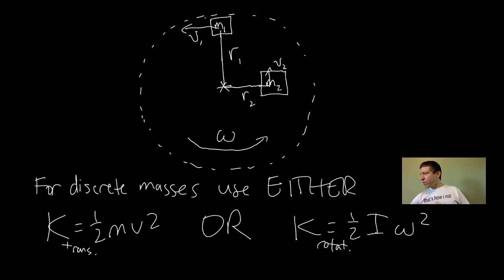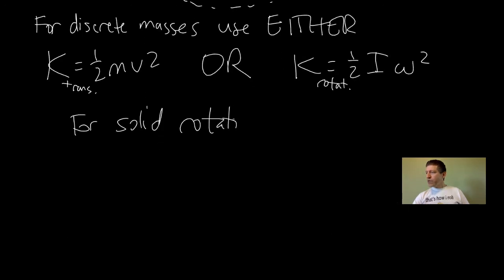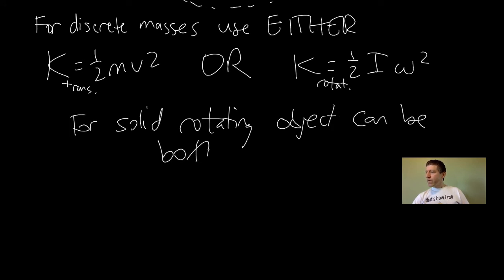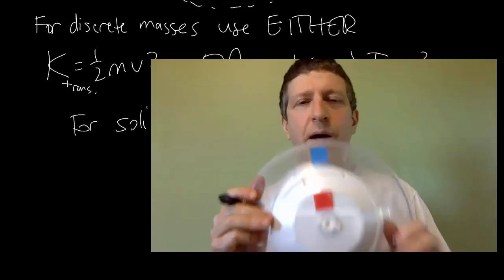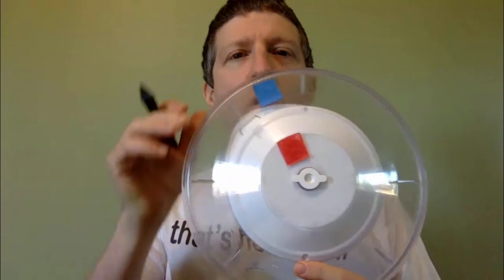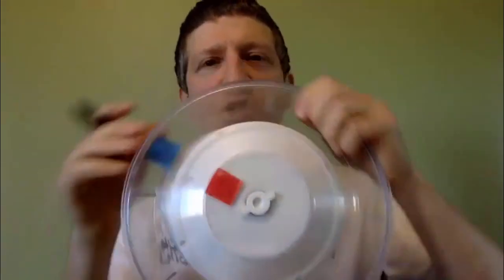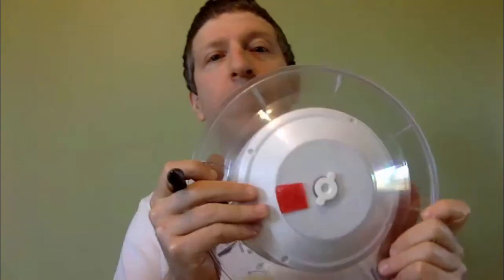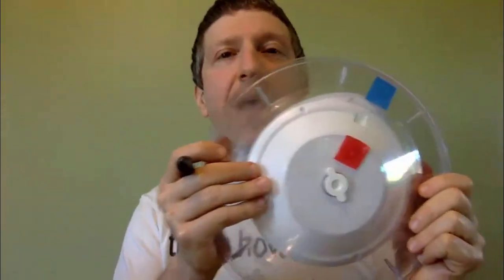Now, it is true that for solid rotating objects, there can be both. For example, here is my circular object right here. If this was rolling, for example, this could have rotational kinetic energy and translational kinetic energy. You can have both of those because it's not only moving rotationally, the center of mass of it can be moving translationally as well.